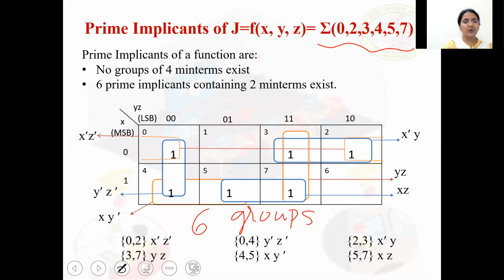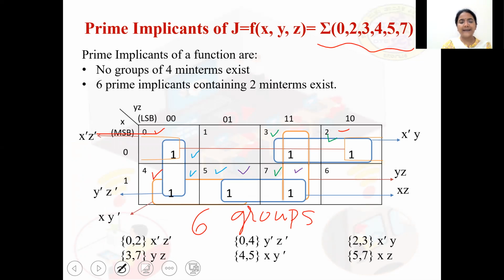We can group this 0 with 4 and then 2. And we can group this 3 with 7 and also 2. We can group this 4 with 1 also, 5 also. We can group this 5 with 7.